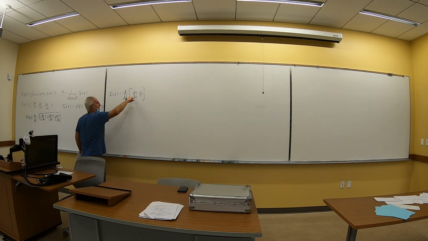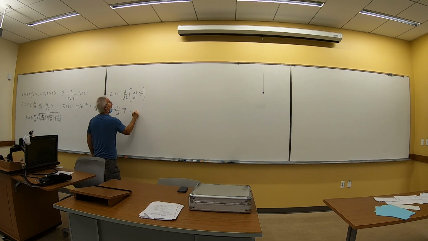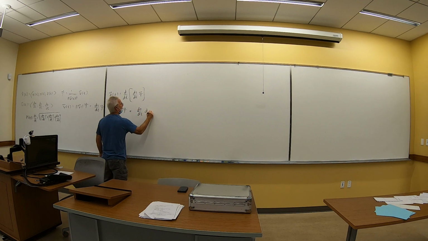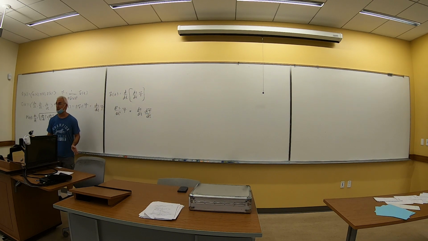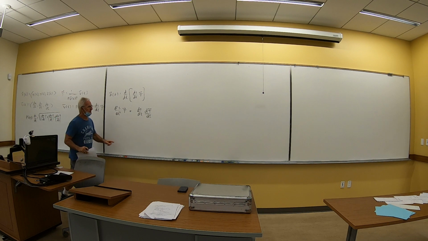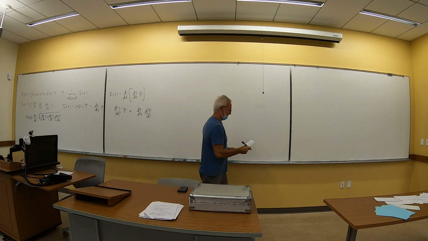So if I do this guy first, because I actually want the T first, it just makes it easier. Then it would be ds/dt, dT/dt. Okay? That's just straight up product rule. I'm not doing anything different or clever. But what do we know about dT/dt?